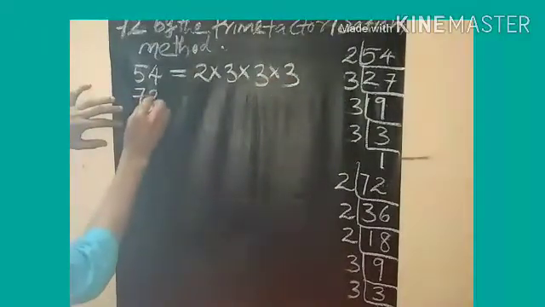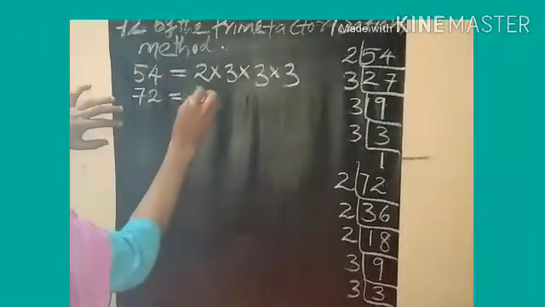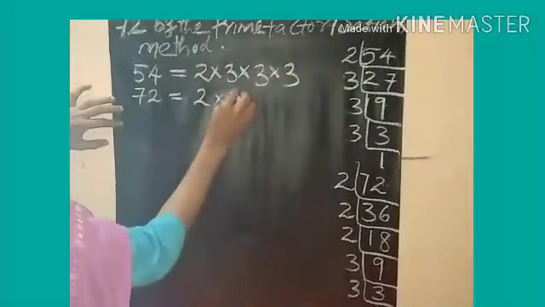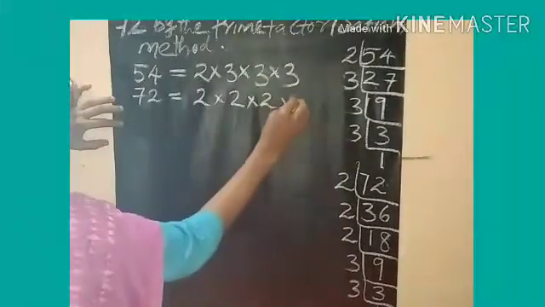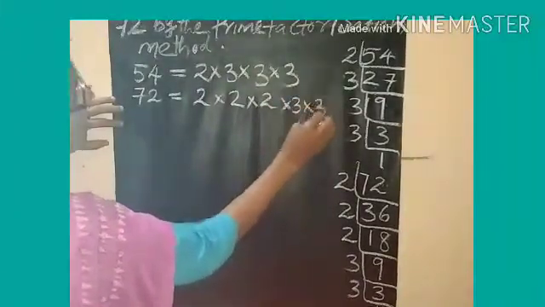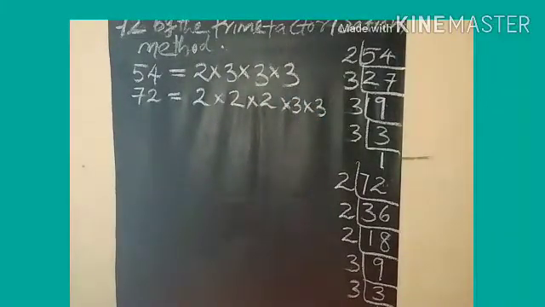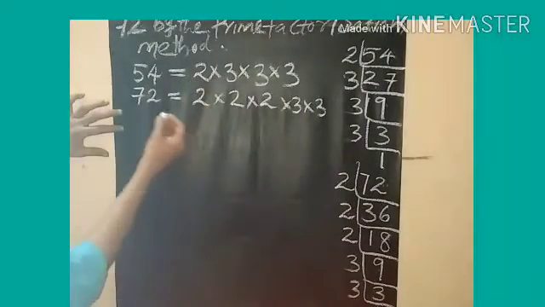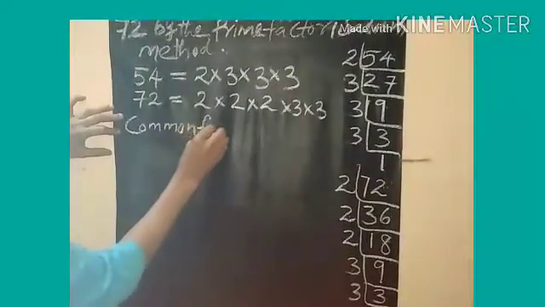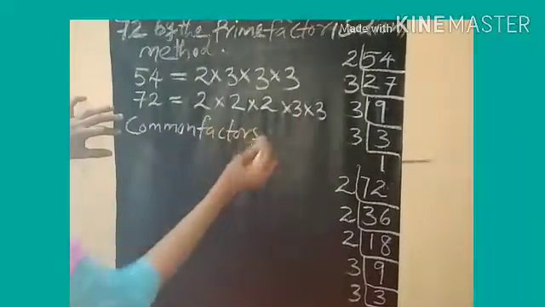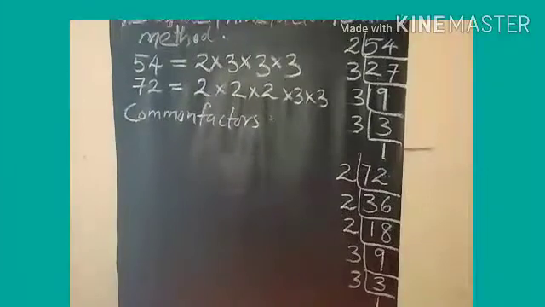Then 72 is equal to 2 into 2 into 2 into 3 into 3. So, next we find common factors. What are the common factors?